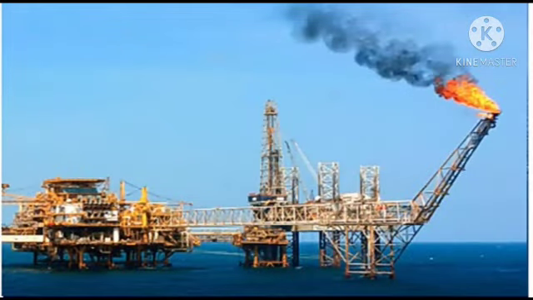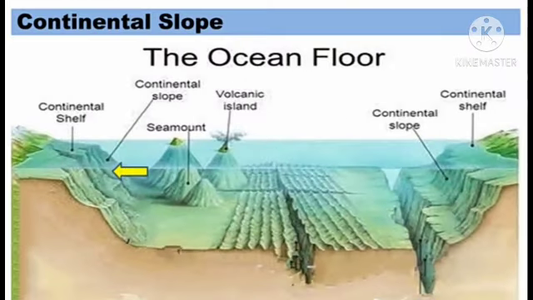Now let us go to the next point, that is continental slope. Now what is continental slope? Let us see. After the extent of continental shelf is over, the slope of the seabed becomes steeper. This is called continental slope.